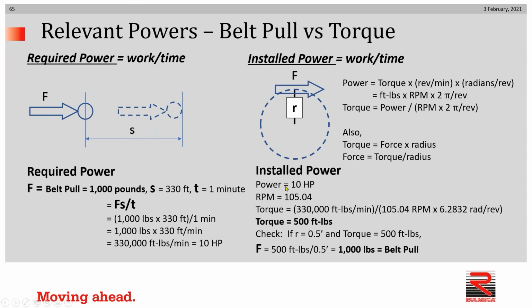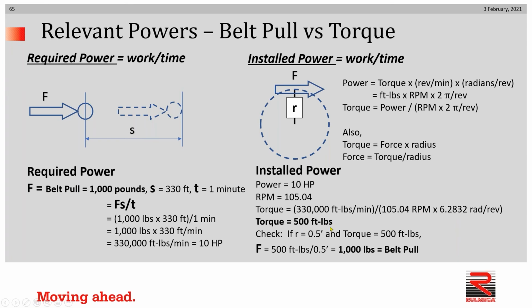If we have an electric motor with 10 horsepower installed, and we know our pulley RPM is 105 and change, we can calculate that the torque is 500 foot-pounds: 330,000 foot-pounds per minute divided by the product of 105.04 times 2 pi, 6.2832, gives us 500 foot-pounds.